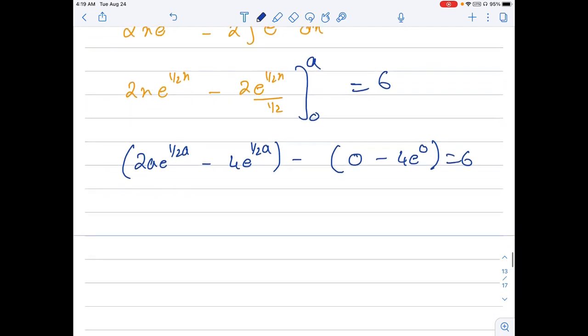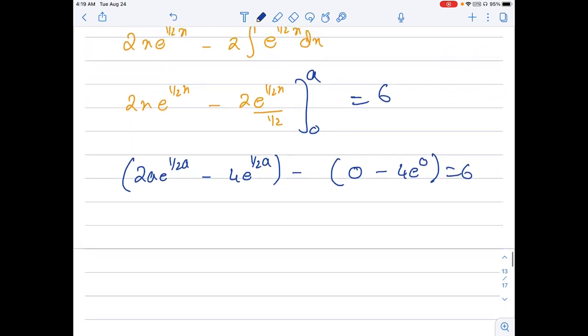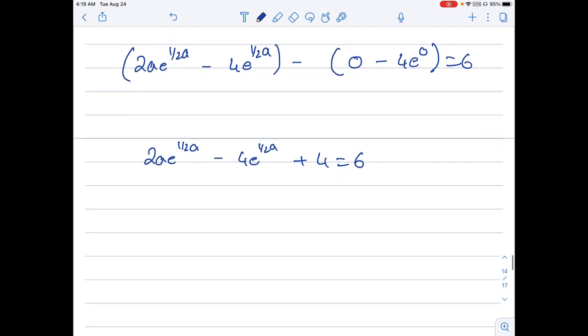So we have to get the value of a. 2a e to the power of 1 upon 2a minus 4 e to the power of 1 upon 2a plus 4 is equal to 6. So 2a e to the power of 1 upon 2a is equal to 6 minus 4, which is 2, plus 4 e to the power of 1 upon 2a.